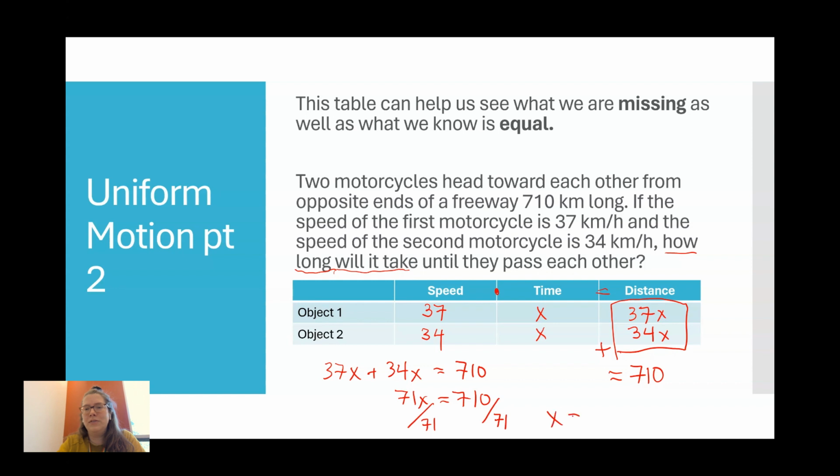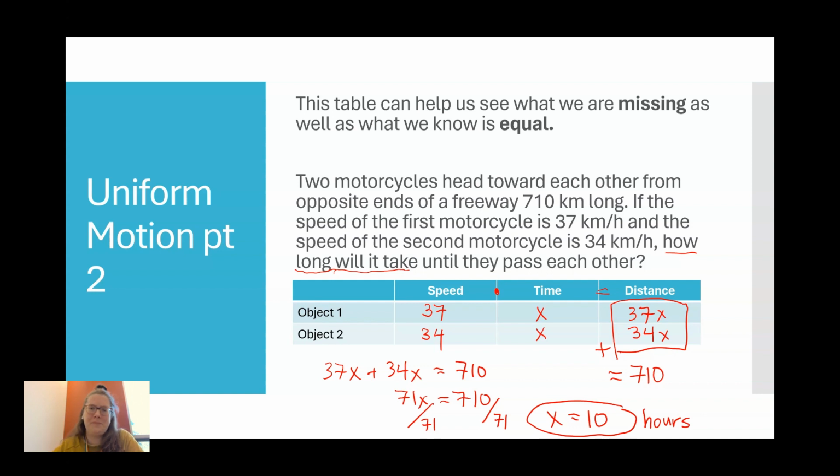So in this extremely magical problem, these motorcyclists are driving for 10 hours straight, never changing their speed, never stopping to go to the bathroom until they pass each other. Truly absurd, but it does help us practice setting up and solving algebraic equations.